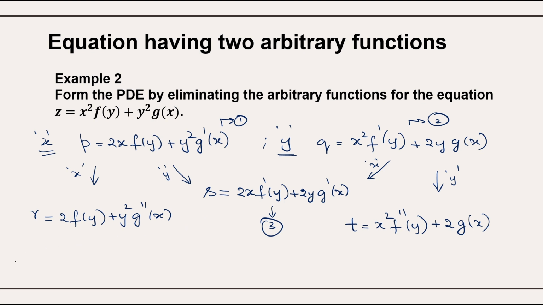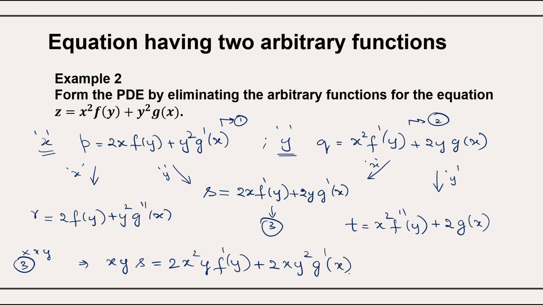Let us multiply equation 3 by x and y, which gives you xy into s is equal to 2x² y f'(y) plus 2xy² g'(x).